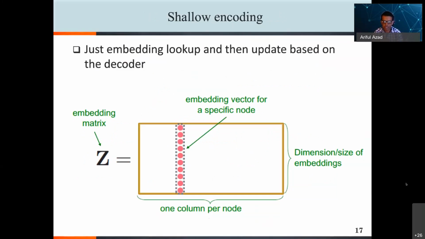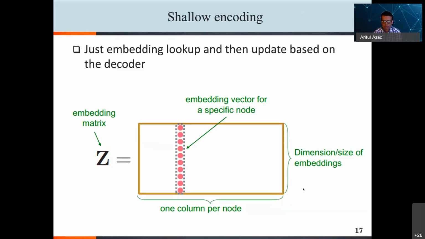So for every vertex, we have a d-dimensional vector, and that is stored in a table. For example, for vertex i, we have a column in this table. And whenever we encode a vertex, we simply look up the table and pull out the vector, and that is my encoding. And in my algorithm, I iterate and update this embedding table. This is often called shallow encoding, just table lookup.